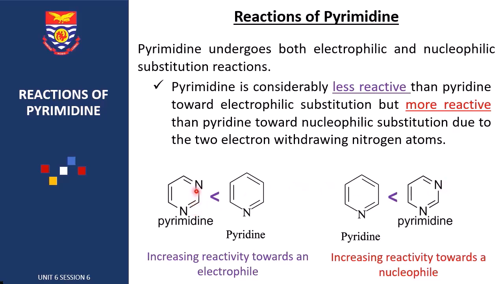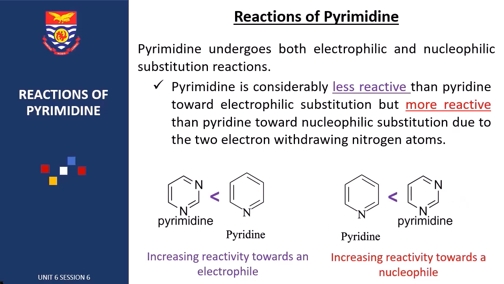If a resonance structure produces quite a number of resonance contributors with positive charge on the nitrogen, that means it's making the nitrogen partially positive and making our carbons partially negative. If the carbon is partially negative, then it will be more reactive towards an electrophile. And of course, if the opposite happens, then it will be more reactive towards a nucleophile. So please, let's take note of how to use the resonance structures to explain the reactivities towards a nucleophile or an electrophile.